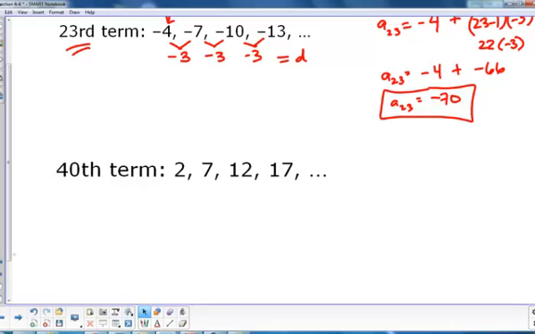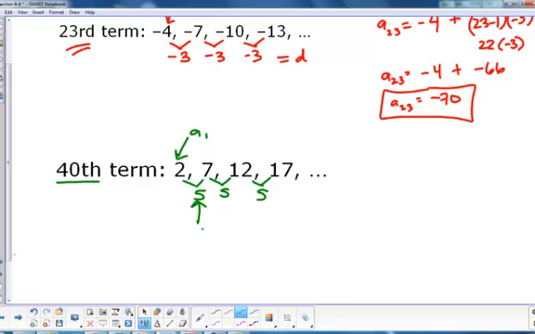All right, this time the 40th term. So it should be a big number. We're increasing by 5. This is our first term. This is our common difference. 40th term is our n.